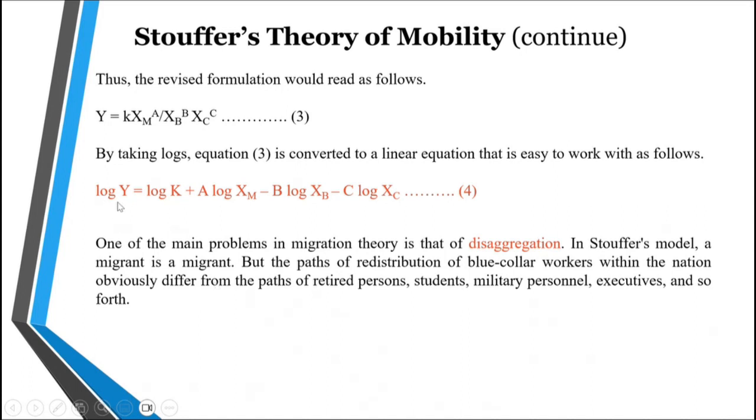I mean, this migration model for blue-collar workers and white-collar workers, for retired persons, for students, or for other people, is different, right? But if you want to do research on this model, you're going to aggregate them. You assume they have the same state, right? So that is the problem of disaggregation.